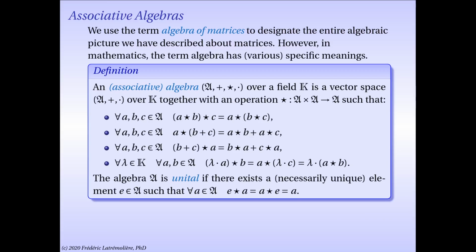An associative algebra over a field K is a quadruple (A, +, *, ·), such that (A, +, ·) is a vector space over K, while * is an associative operation on A which is distributive with respect to the addition +, both on the right and on the left, and commutes with a scalar multiplication ·. Moreover, an associative algebra is said to be unital when it contains an element E, such that for all elements A in our algebra, E * A = A * E = A. The operation * is called the multiplication of our algebra.